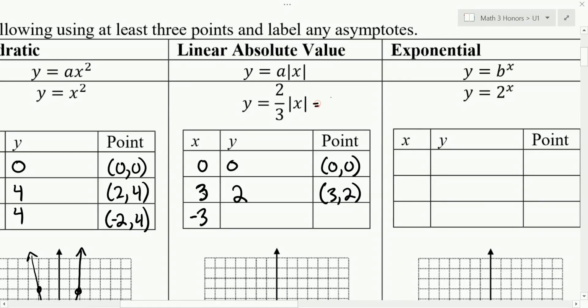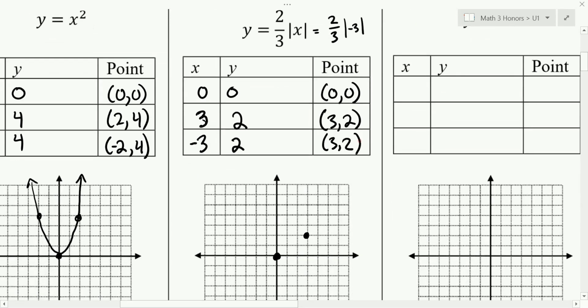So here's what happens. You get 2 over 3, absolute value of -3. And the absolute value of -3 ends up being +3. So you get the same answer as if you plugged in a +3 or a -3. And so you end up with a 2 again. So it's, sorry, -3, 2.